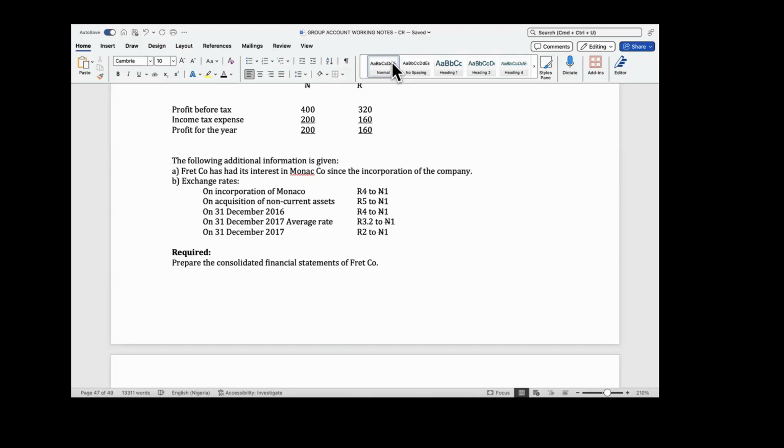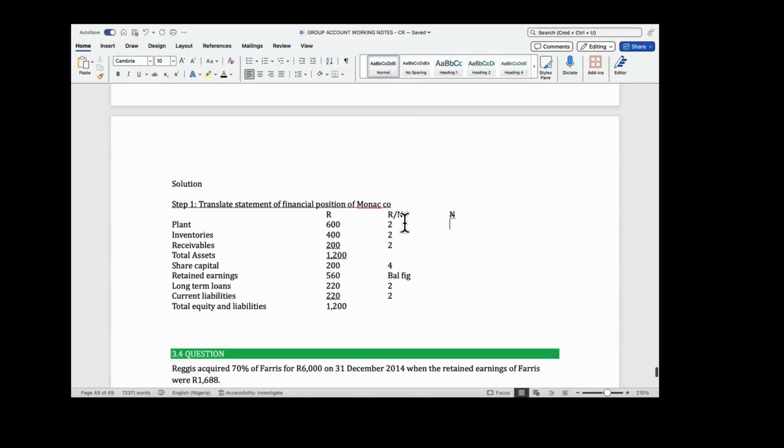Okay, so if the naira has more value than the rand, it's dividing to reduce. If it is to convert to rand, it's multiplied. To naira is divided. It's division, sir. Okay, good. Now you understand it.